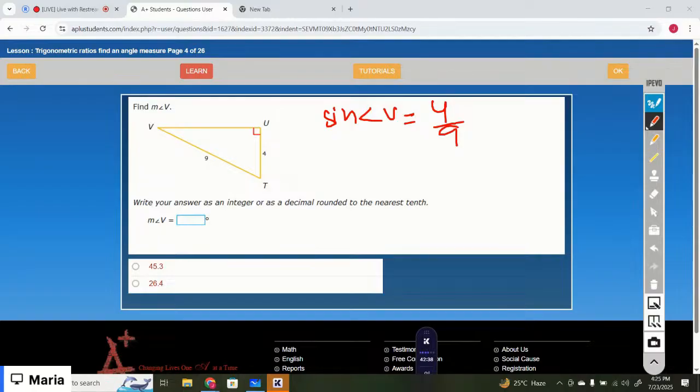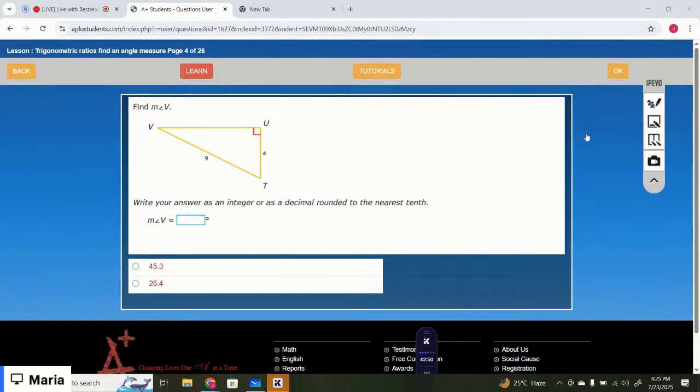That is 0.444. So we have to calculate sine inverse of 0.444. That equals 26.4. So option number 2 is the correct option. That is 26.4.